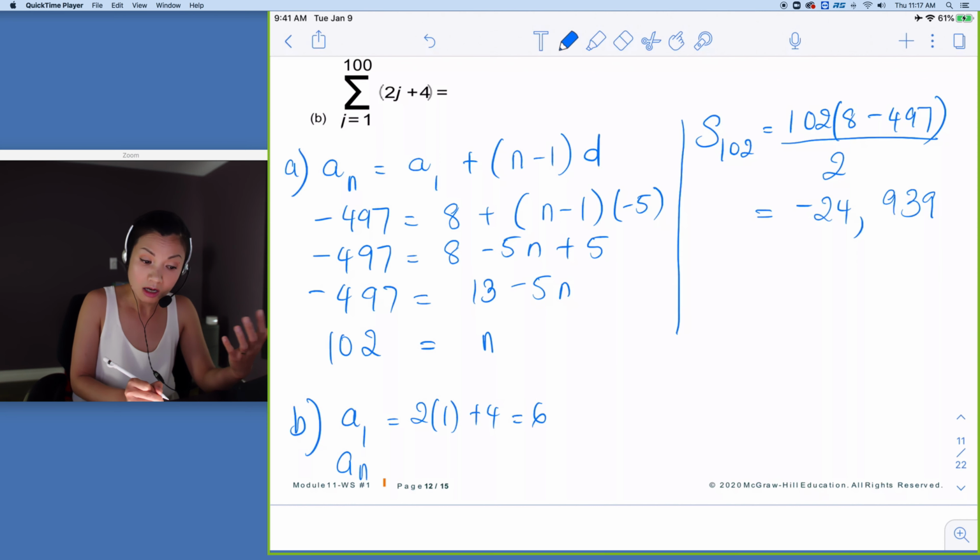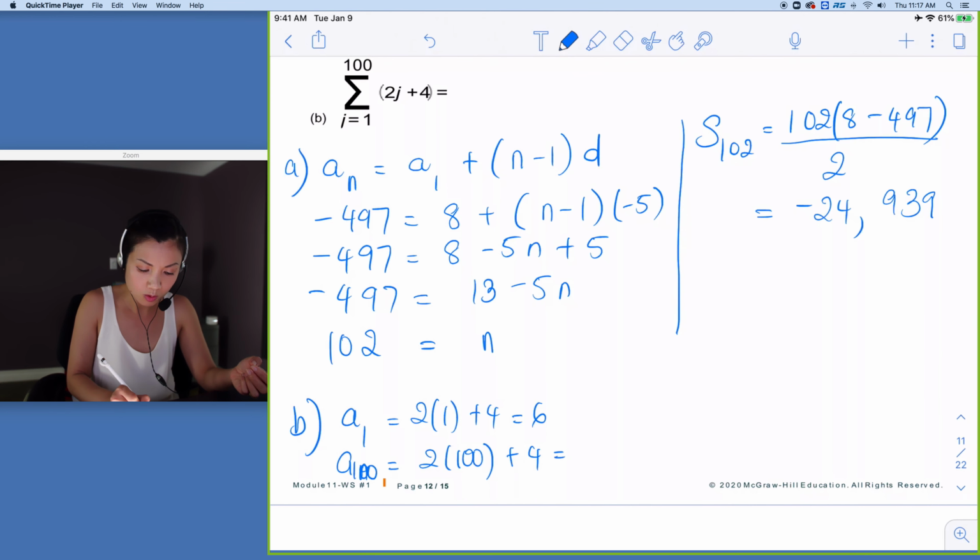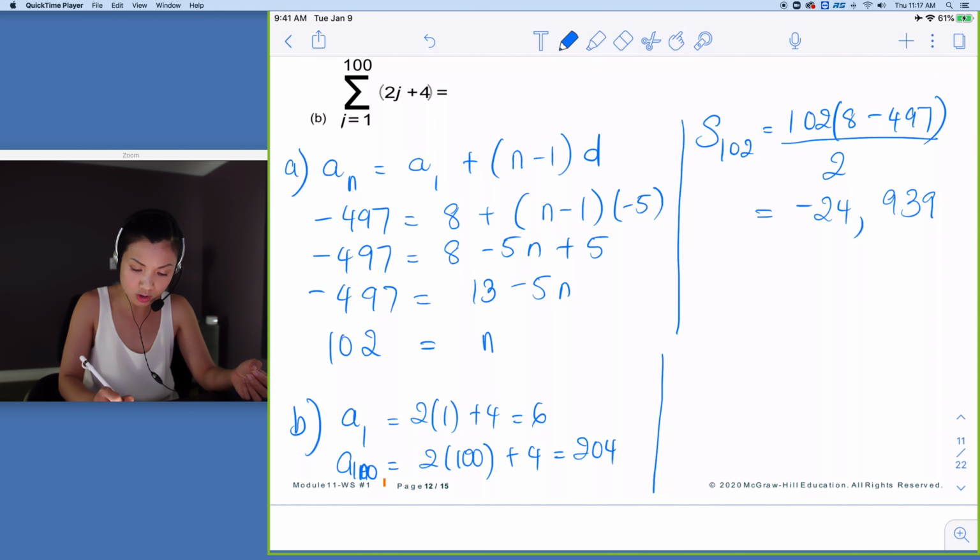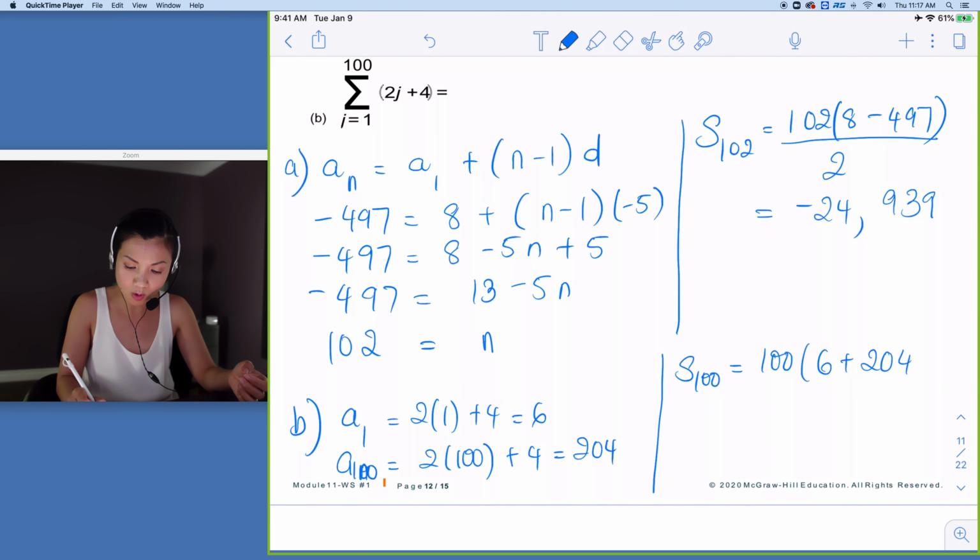For an, in this case, I'm going to use a100. It's going to be 2 times 100 plus 4, which is 204. So from here, once again, I'm going to use the formula. So I have 100 terms. The first one is 6. The last one is 204. Divide by 2.